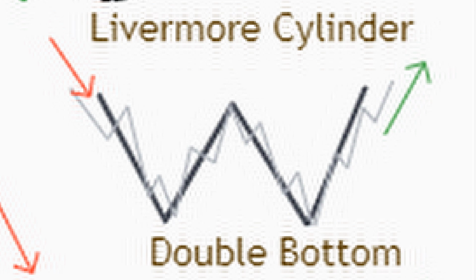The distance between the neckline and the lowest point of the pattern can be used to estimate a target for the potential price advance after the pattern is confirmed. Traders often wait for a daily closing above the neckline to confirm the pattern, as with the double top.